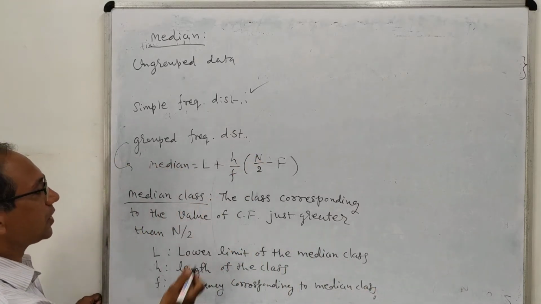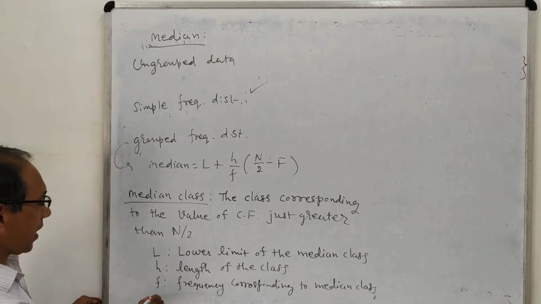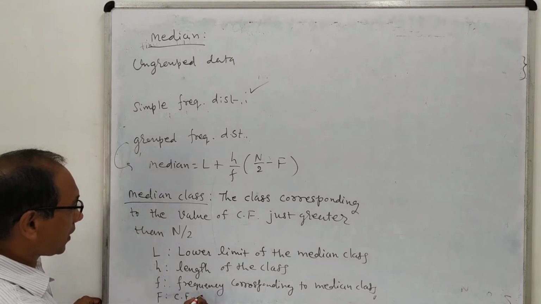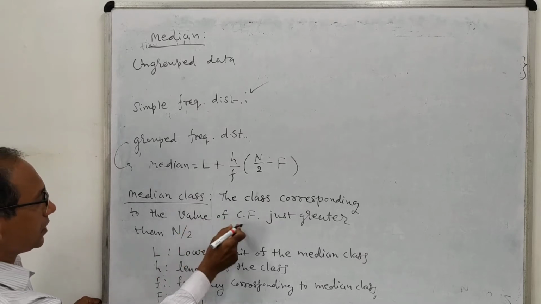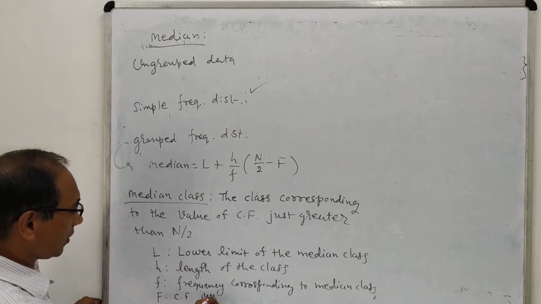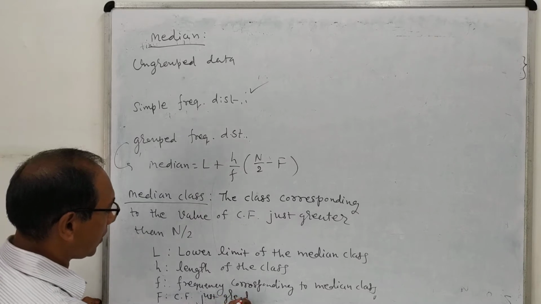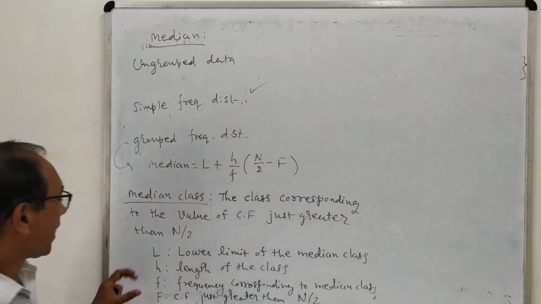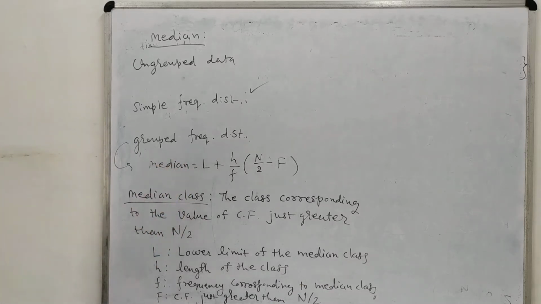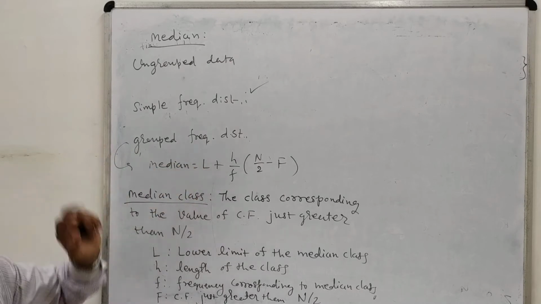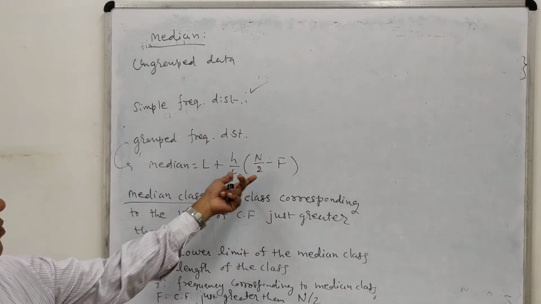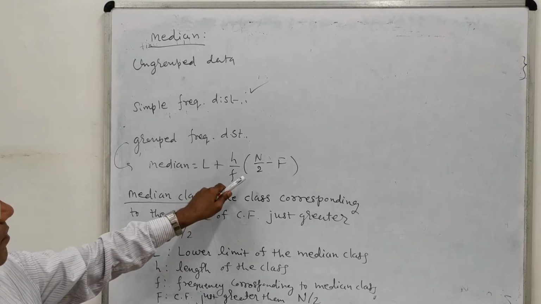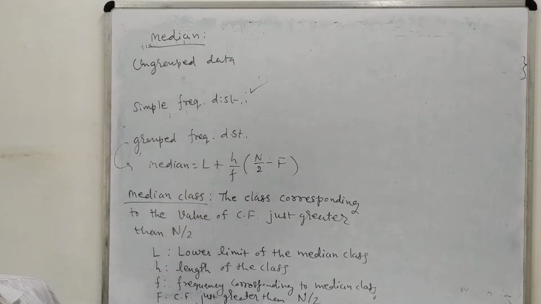Capital N, you already know, is the total frequency, and capital F is the cumulative frequency just greater than, that is the frequency which we derive from the fact, just greater than capital N by 2. So by finding these values and substituting them here, we will get the value of the median. And you must remember this formula, because in further study this kind of formula will be used, so it is of very much importance.